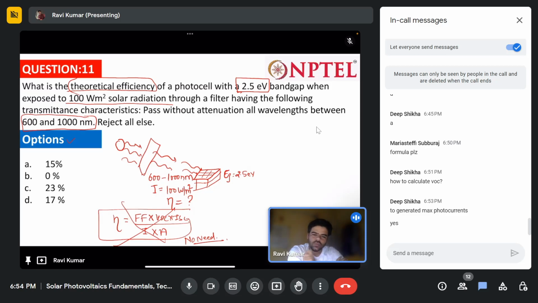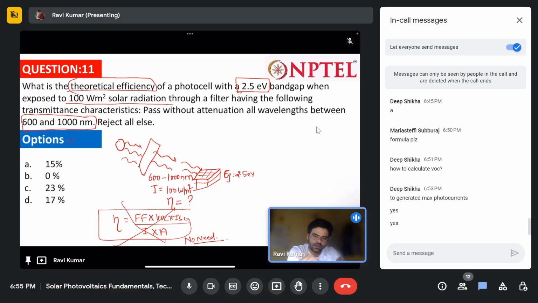And let's assume the quantum efficiency is 100%. So the number of electrons will be equal to the number of photons. So can you calculate the number of photons here?